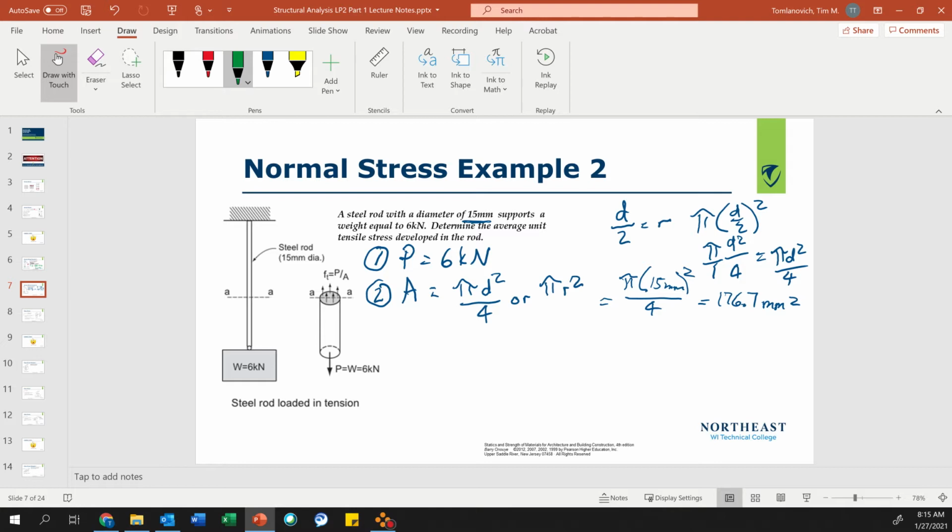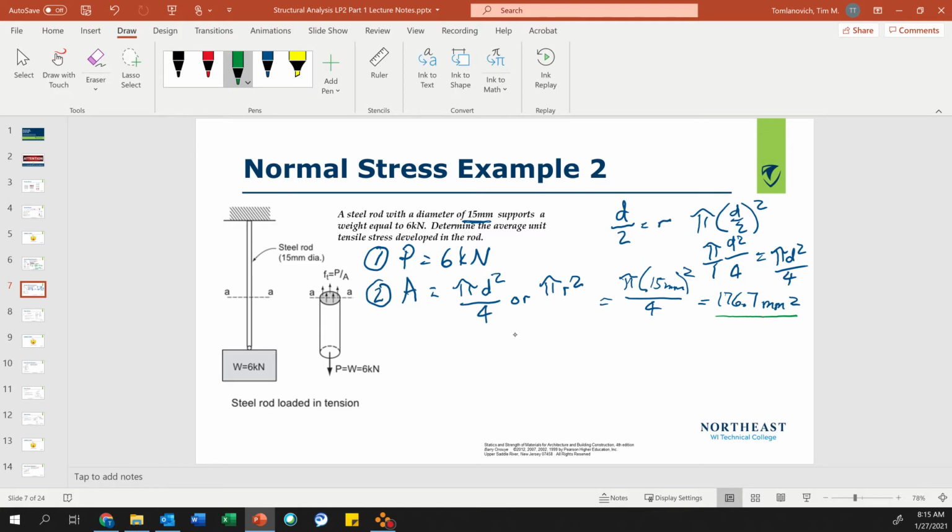But we have a unit conversion going on here. Kilonewtons has to actually be per meter squared. So how can I convert that?